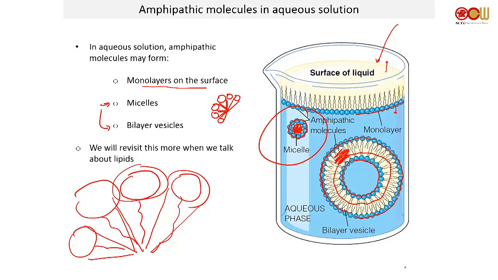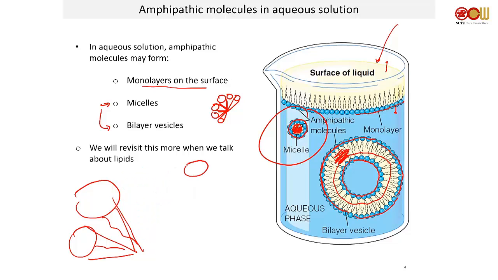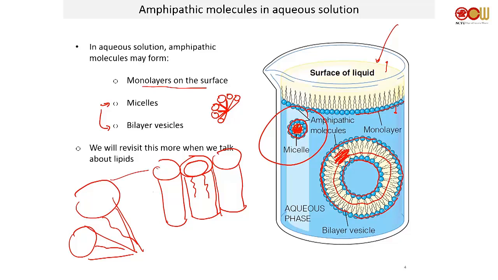That makes sense, right? So bilayer, on the other hand, typically forms when you have a head group and then two tails, okay? Such that the shape looks more like a cylinder. So you will adopt a more cylindrical shape. So it's a more regular type of shape. And because of that, you can form a plane, like a little surface almost, okay?